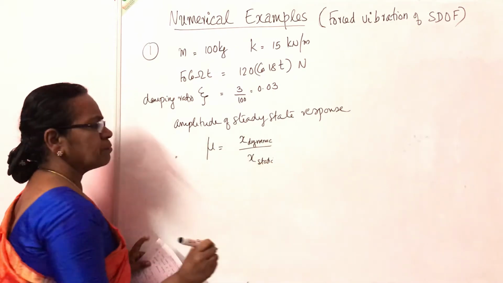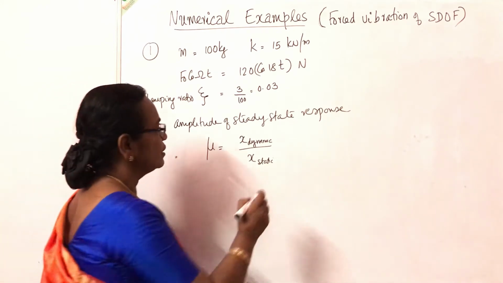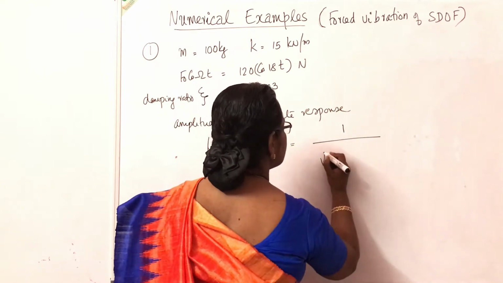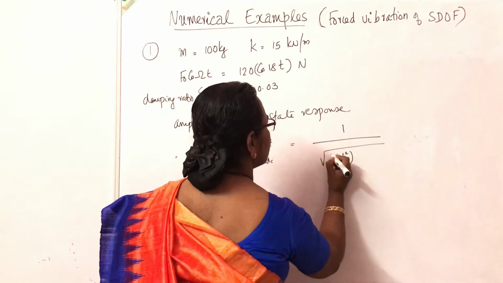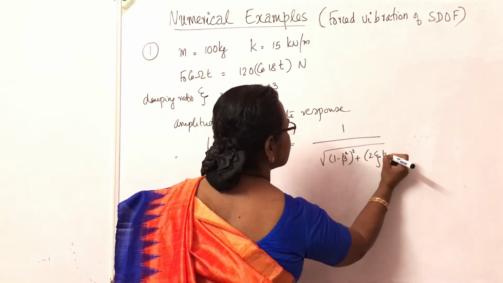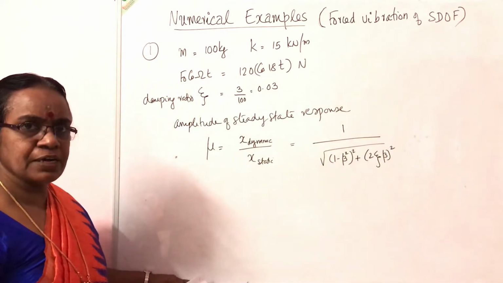The magnification factor is 1 by root of (1 minus beta square) the whole square plus (2 psi beta) the whole square. This is the expression for magnification factor, which we have to remember.